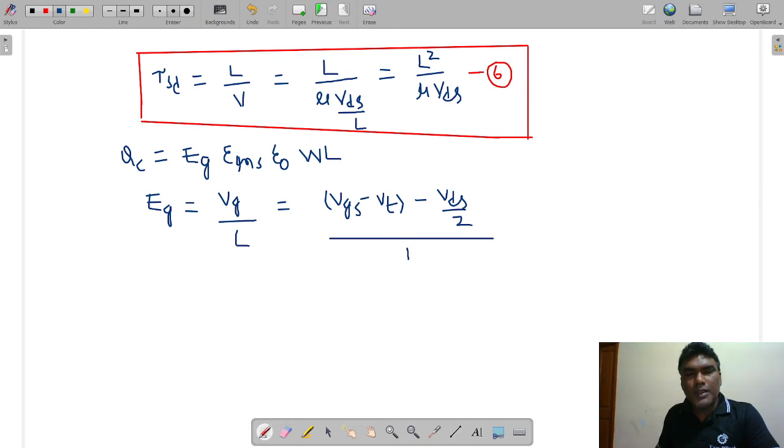So it is a thickness of the SiO2 layer. We can say this is D. Now we can substitute this in this QC.